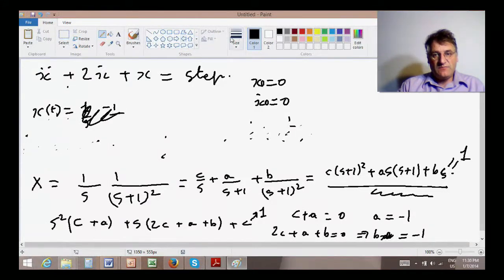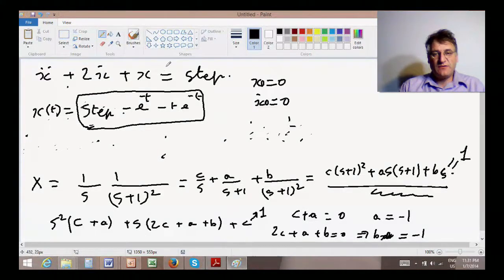Oh, sorry, let me redo this. I want x of t. I'm in the time domain, not in the frequency domain anymore. So we have x of t equal to the inverse Laplace of c over s, or 1 over s, which is a step. Then minus a is going to be minus e to the minus t, and then this guy puts b, minus t e to the minus t. And that's it.